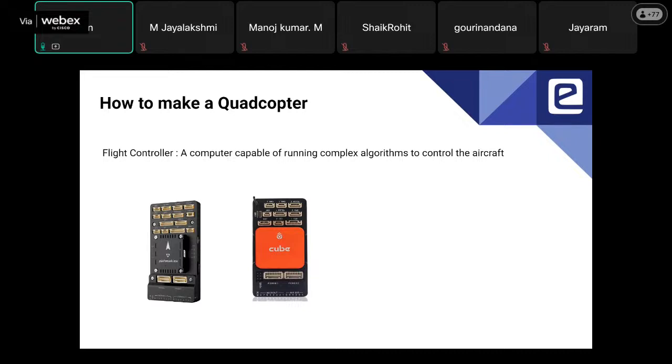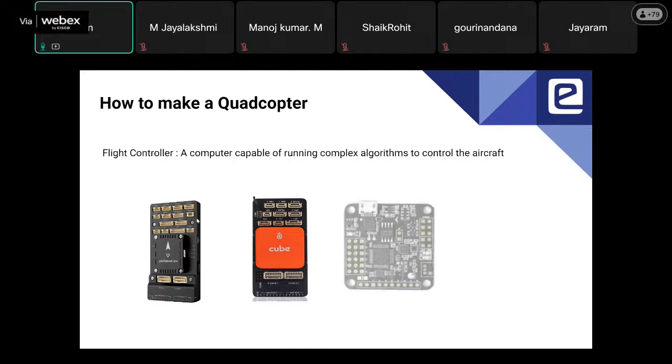It then in turn gives the ESCs the required PWM signals or DShot signals. In simpler terms, it is known as the brain of the quadcopter, just like the CPU is the brain of the computer.